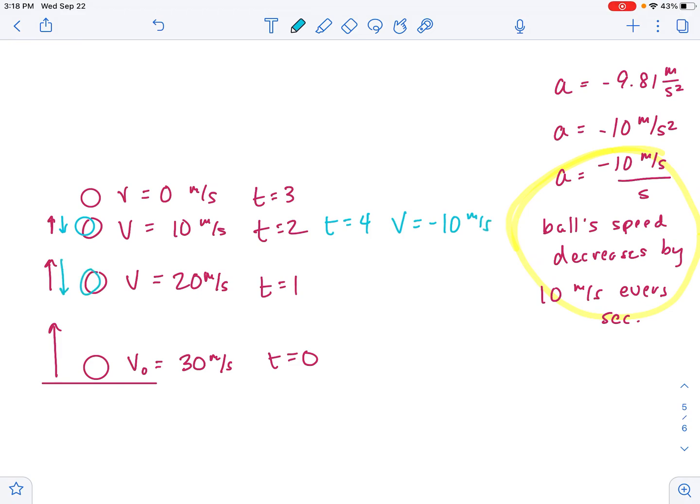And another second later, the ball is traveling at negative 20 meters per second. And finally, at 6 seconds, the ball is traveling at negative 30 meters per second. So I show you this to show the symmetry of what's going on. The symmetry is true when we're looking at the ball at the same height in the air.